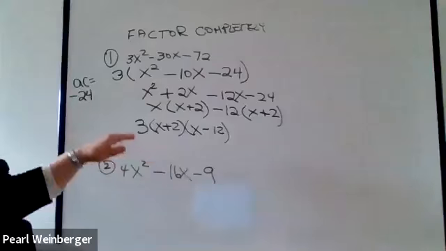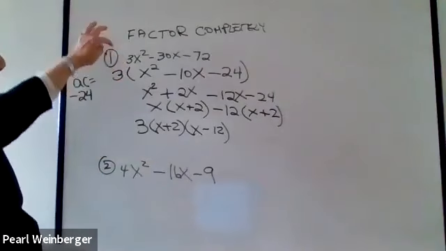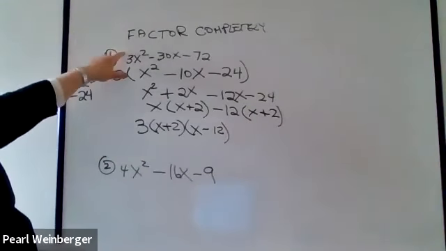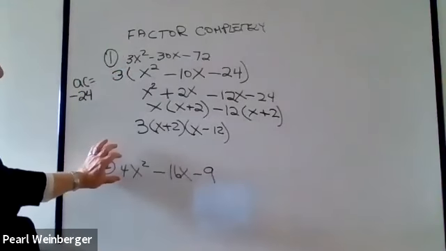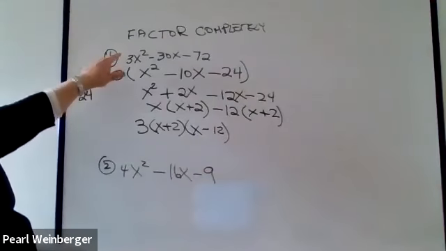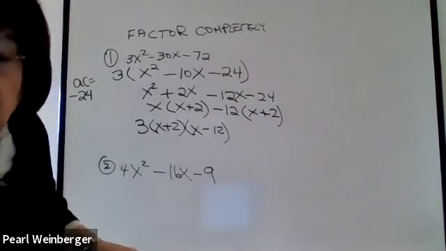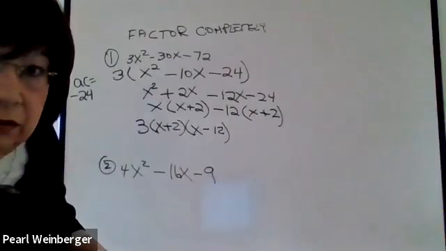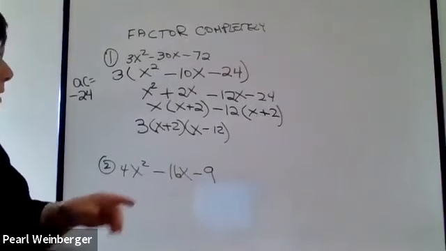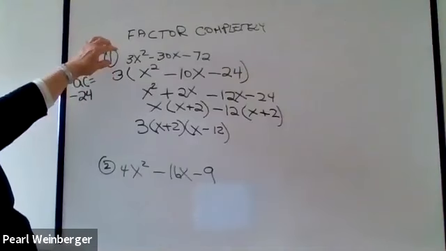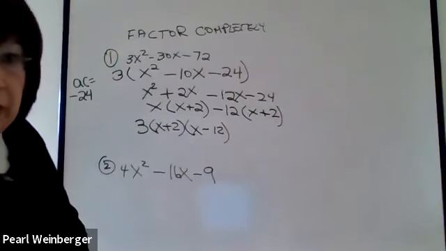Okay. So notice both of the examples I gave you didn't start out with just a plain x squared. They both had what we called leading coefficients. They both started with a number in front of the x squared.